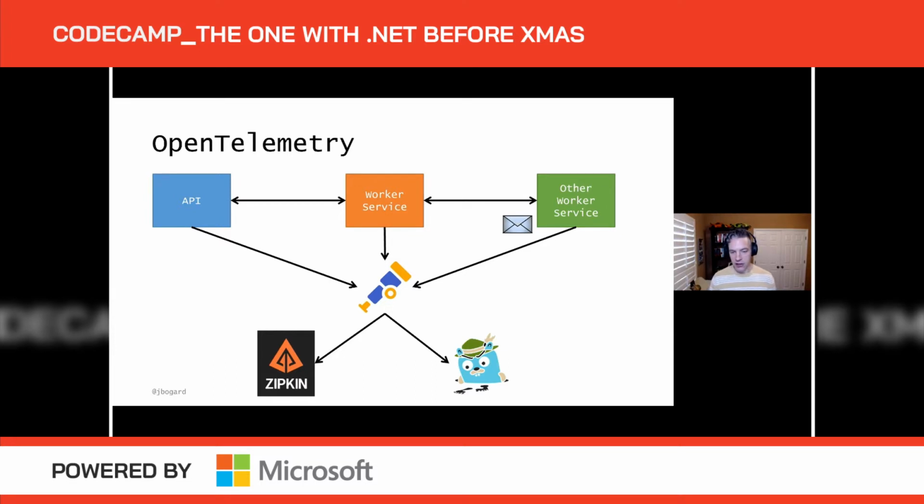Or if those different tracing tools support the OpenTelemetry APIs out of the box, then there's really nothing we need to do. If I need to move from App Insights to something else, then it's just a matter of me changing a URL as opposed to having to change the infrastructure for all my different projects to get that fixed and updated.